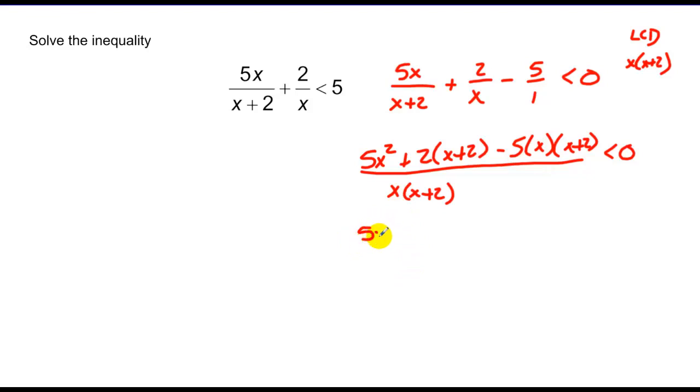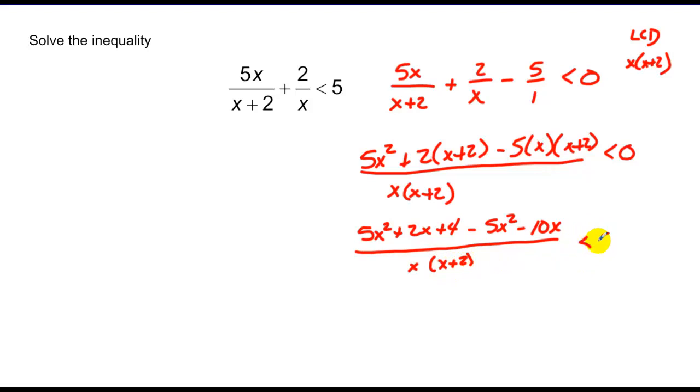Clean it up. We have 5x squared plus 2x plus 4 minus 5x squared minus 10x over x times x plus 2 is less than 0. 5x squareds go away.